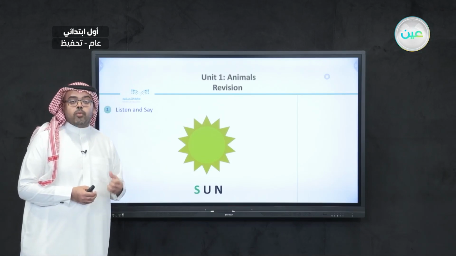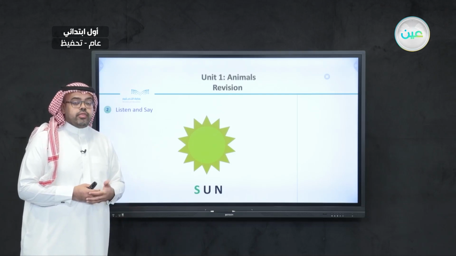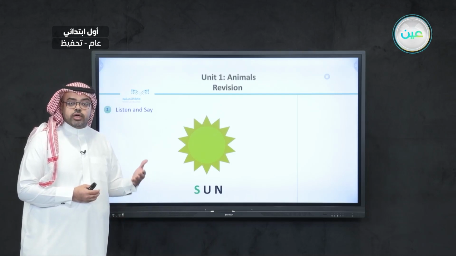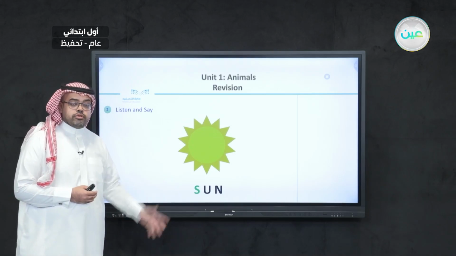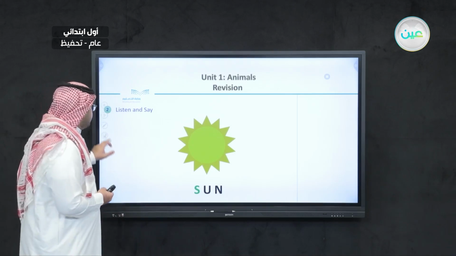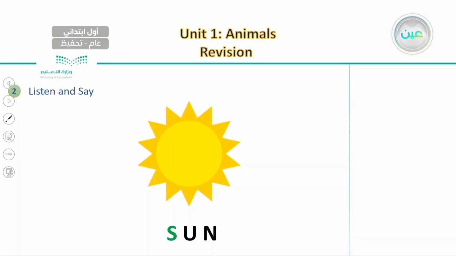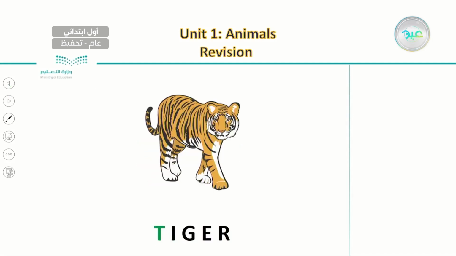Let's listen to them one more time and then we know how to trace them and learn the words related to them. The first word we had is sun. Sun, that starts with letter S. The second word starts with letter T, which is tiger. Tiger.